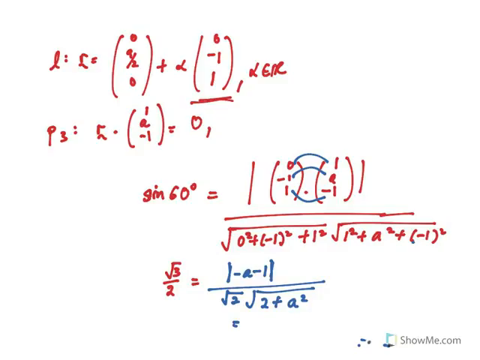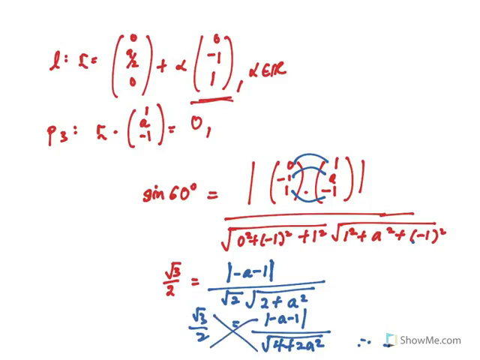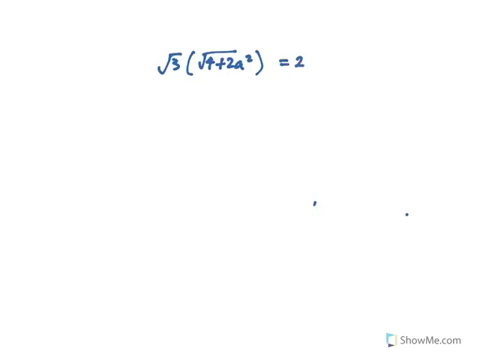Simplifying the denominator, the top I just keep as negative a minus 1. The below becomes square root of 4 plus 2a squared, equals square root 3 over 2. Simplifying this, you will get square root 3 multiplying with square root of 4 plus 2a squared. I basically just cross multiply. 2 equals 2 modulus negative a minus 1.